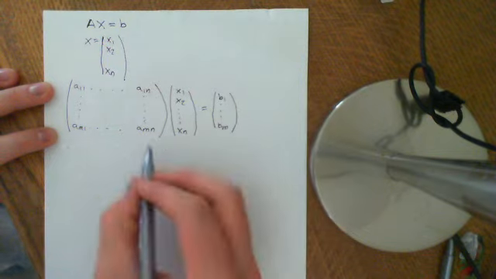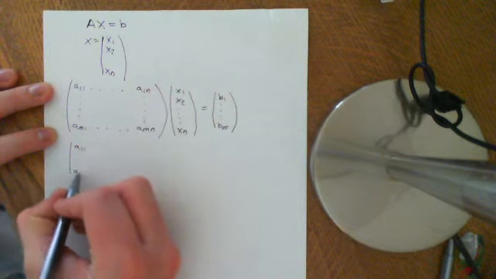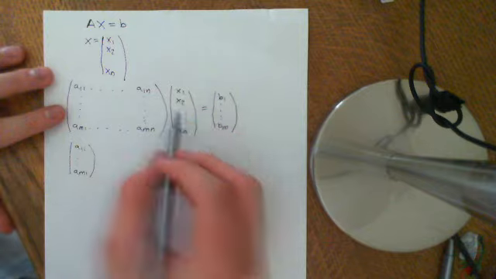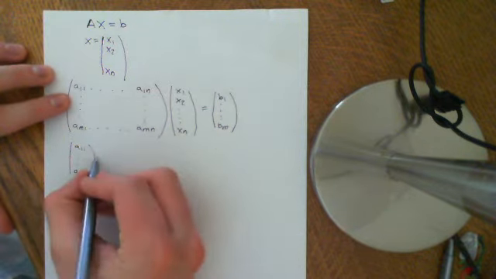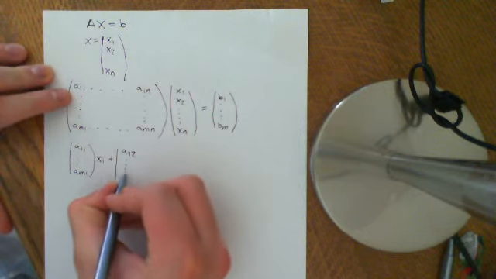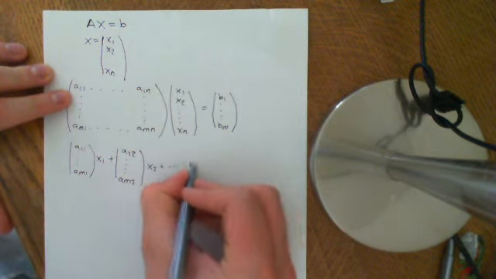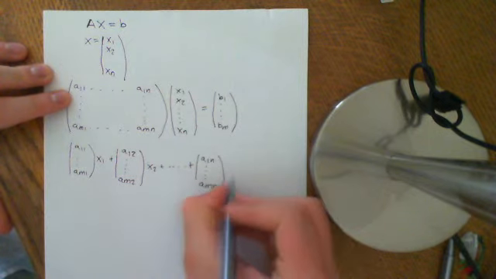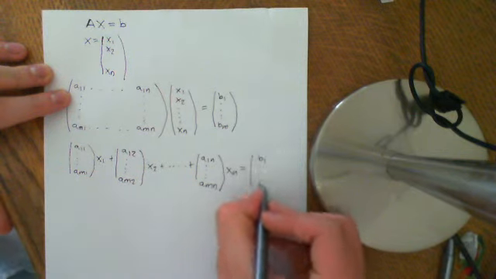Basically, multiplying the matrix by this vector corresponds to multiplying the vector a11 all the way down to am1 by x1, plus the next vector along, a12 all the way down to am2, multiplied by x2, plus all the way along to a1n all the way down to amn multiplied by xn, and saying that that needs to be equal to b1 to bm.